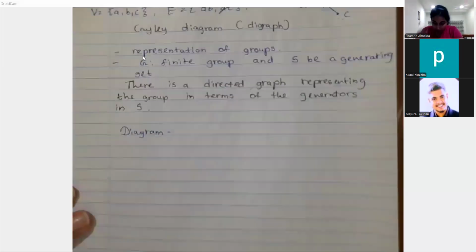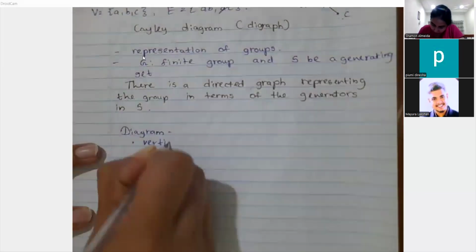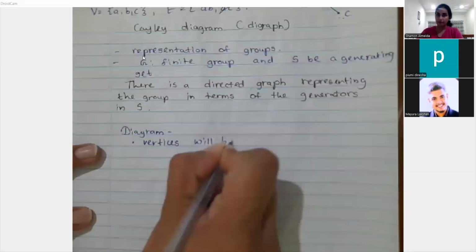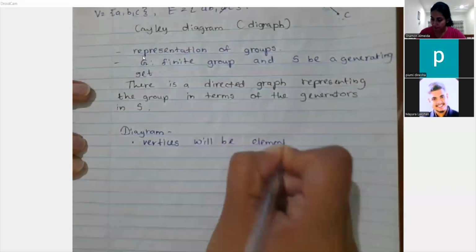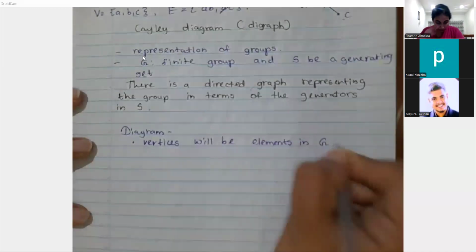How do we build it? First, vertices will be elements of G. Elements in G, right?